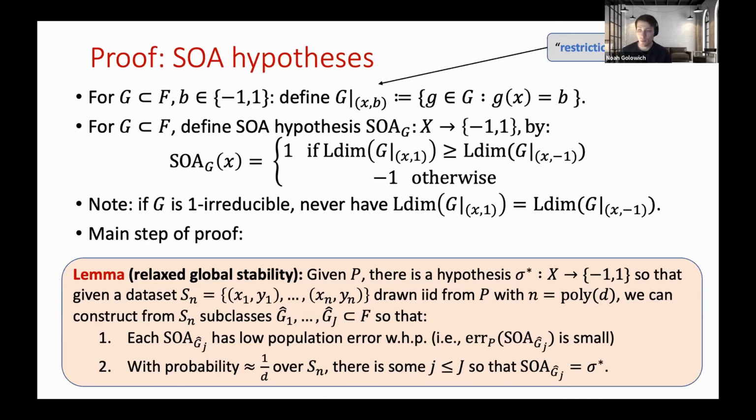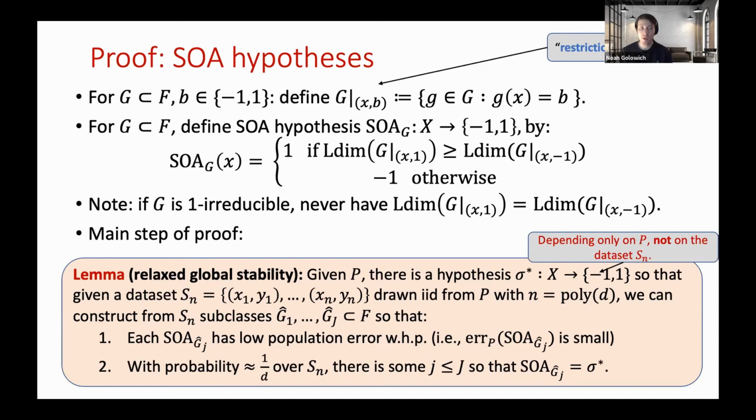For any realizable distribution P, there is a binary hypothesis sigma star from X to minus 1, 1, so that given a data set Sn consisting of n examples, drawn IID from P, where n is a polynomial in the Littlestone dimension D of G, we can construct from the data set Sn subclasses of G, namely G hat 1 through G hat J. These subclasses satisfy the following two properties.